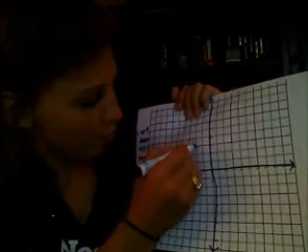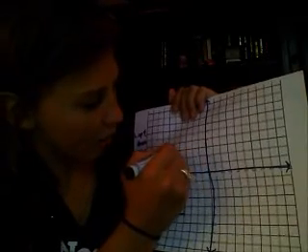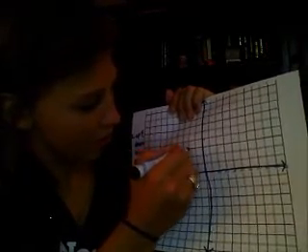Now for the third one, I'm going to reflect it over the y-axis. So write it down: reflect over the y-axis. I'm trying to make a mirror image on the other side, so I'm going to count again to make sure our spacing is right. We have 1, 2, 3, 4, 5, 6.